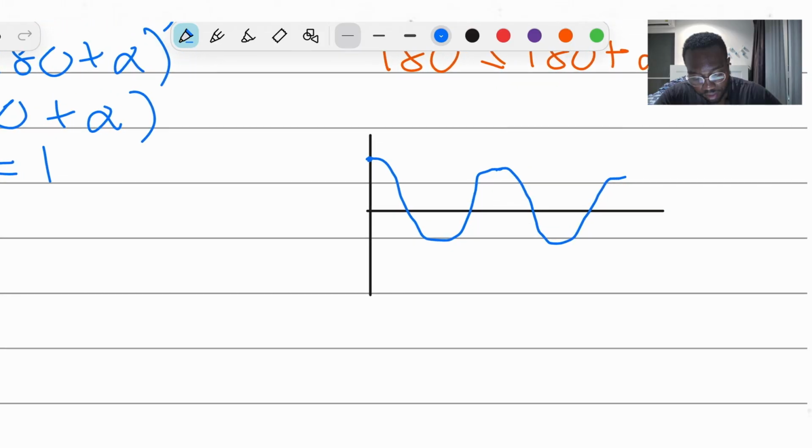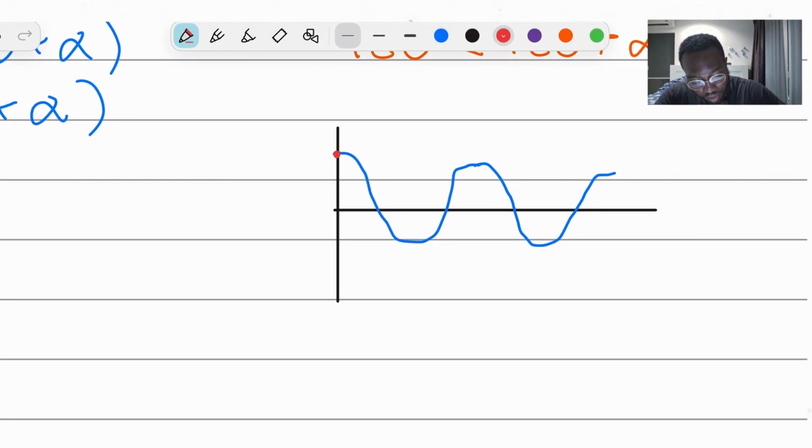We know this is at the point 1, so that is at 0 degrees. This is 90, 180, 270, and 360 is this point here. This would be 450, and 540 is here.